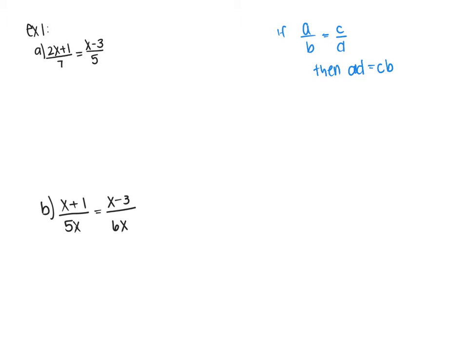What that says is you can multiply top to bottom, top to bottom, on the diagonals. That is called cross multiply or the cross product property.